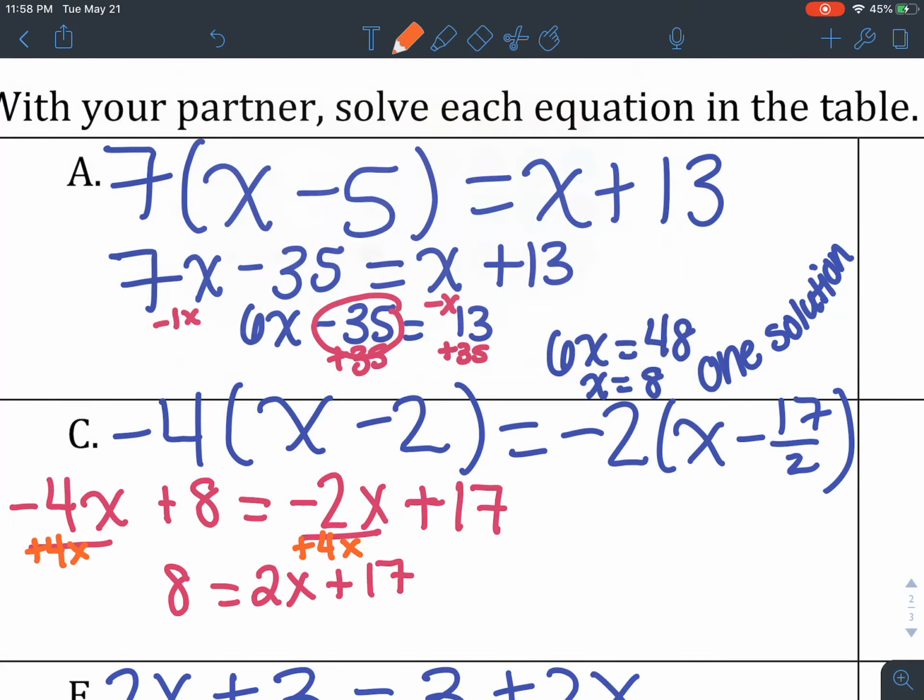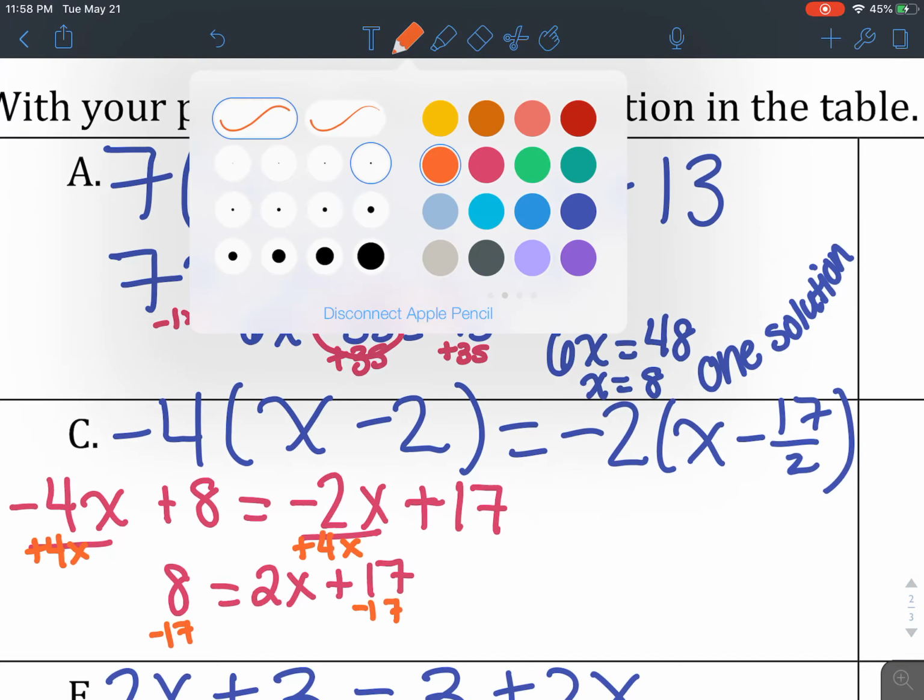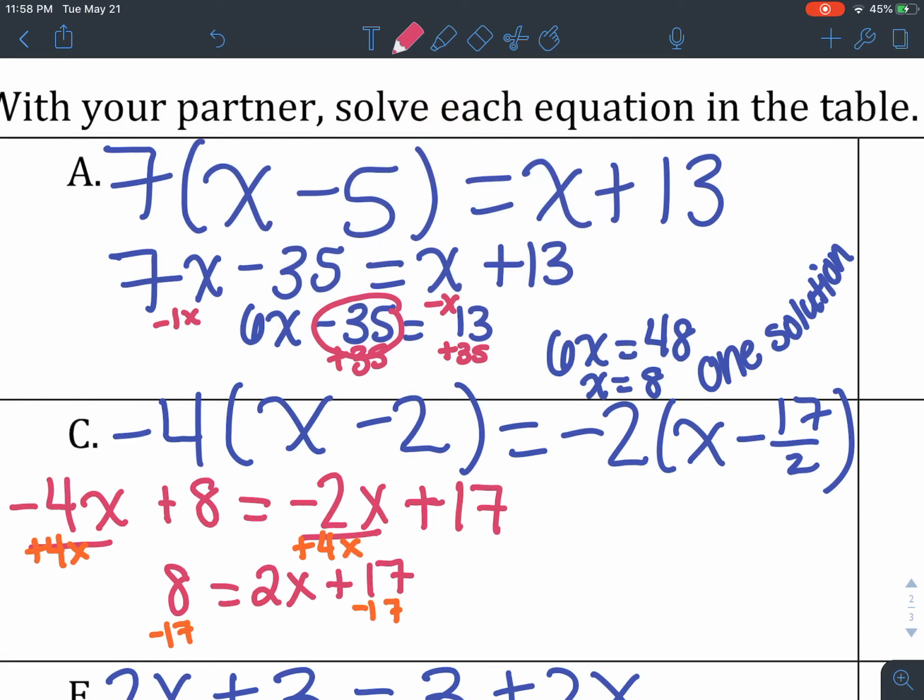Now I moved all of my variables to the right side, so I'm going to have to move this 17, and I'm going to have to subtract 17 from both sides. And when I subtract 17 from both sides, that is going to give me a negative 9 equals 2x. And then I'm going to divide both sides by 2.